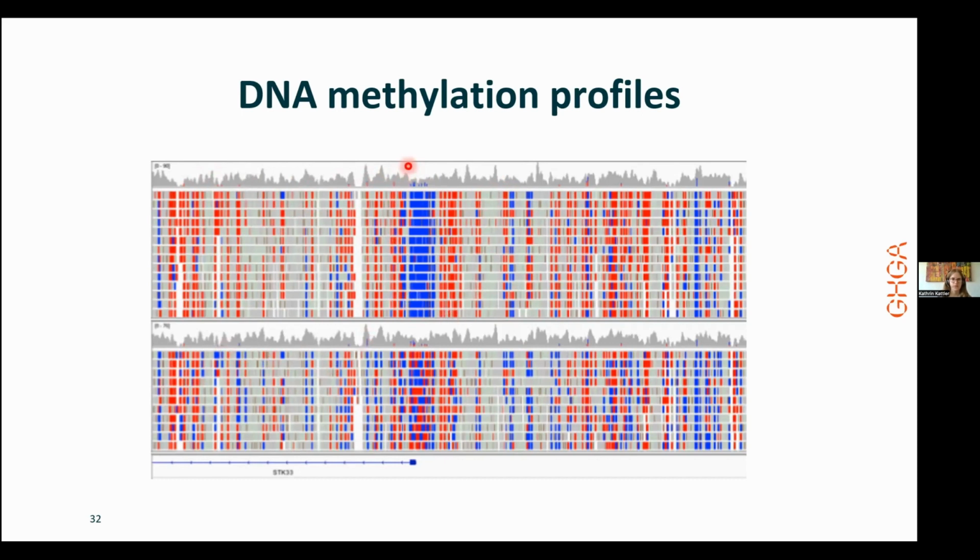If we focus on this region, we can see that in the upper sample it is mostly unmethylated. These are many CpGs next to each other, so this is a CpG island. In the second sample, you can see that this is partially methylated, so this will most probably have an effect on the expression of this gene. In the upper sample, this gene is probably transcribed, and in the lower sample, probably silenced.